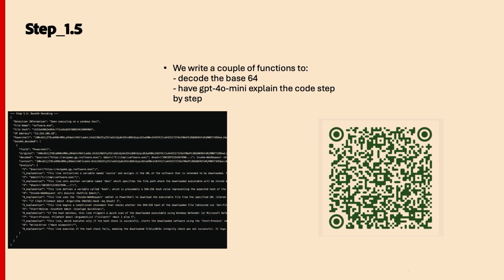So I wrote a function in Python just to decode that base64. But then we get this nice command that was obfuscated before. Now we can take a prompt that says, hey, take this command line and break it down step by step. So now our JSON object of our detection is growing. We have more information.